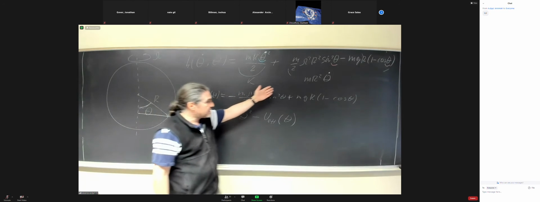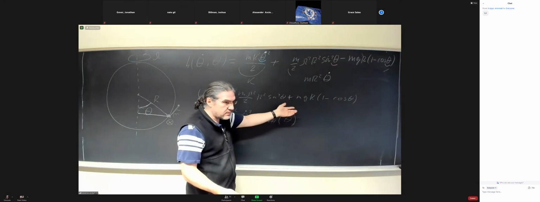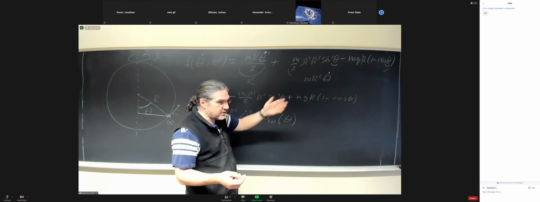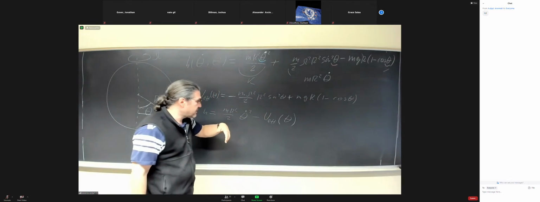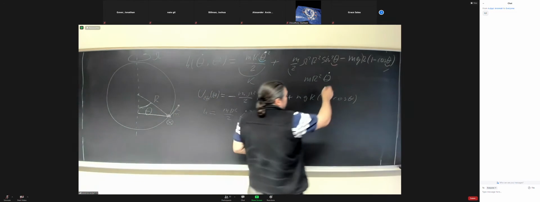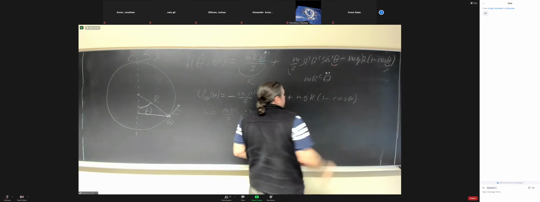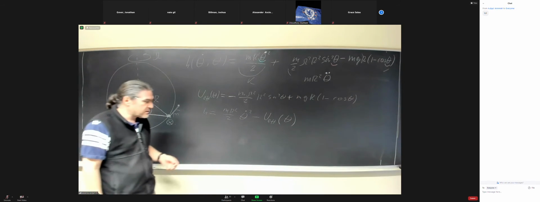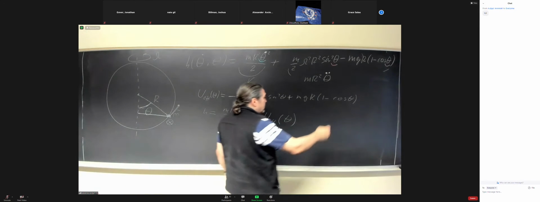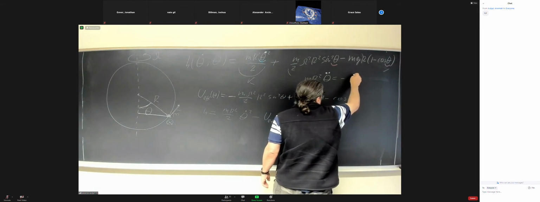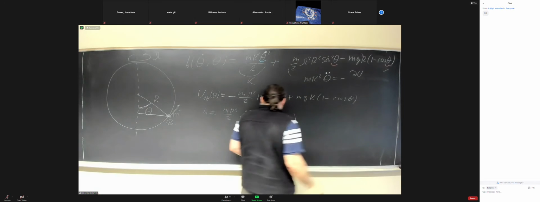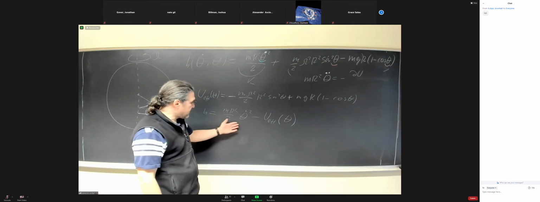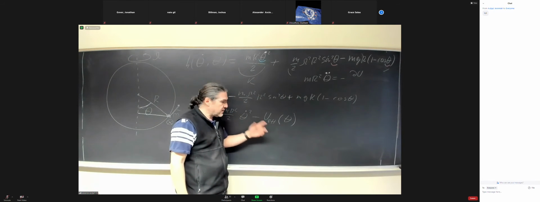Now I need to differentiate it with respect to time. Remember the Lagrange equation: d over dt of dL over d theta dot. So when I differentiate with respect to time, all I do is put another derivative here, because everything else is constant. And it equals minus, now I need to take this Lagrangian and differentiate with respect to theta. Theta is only here.